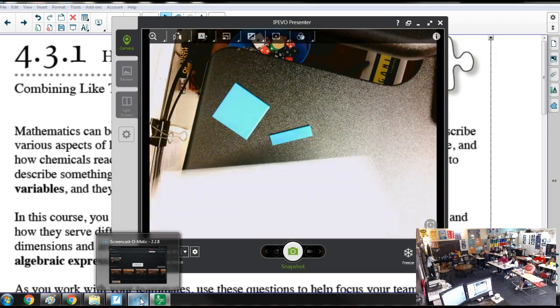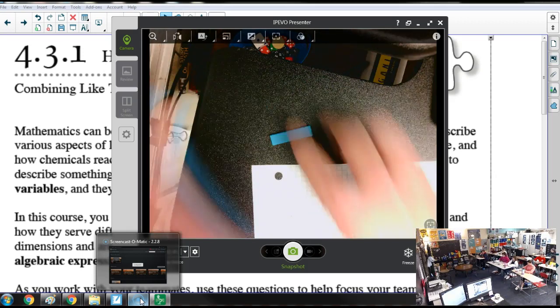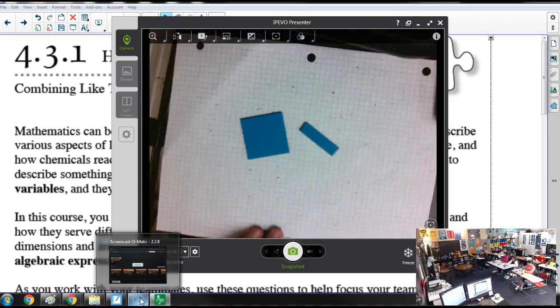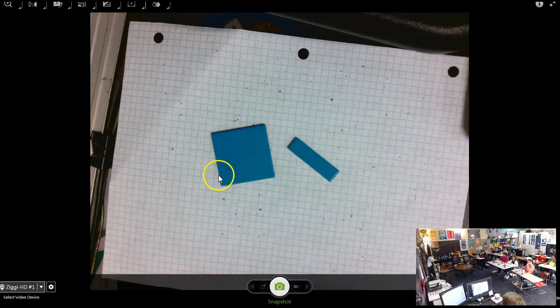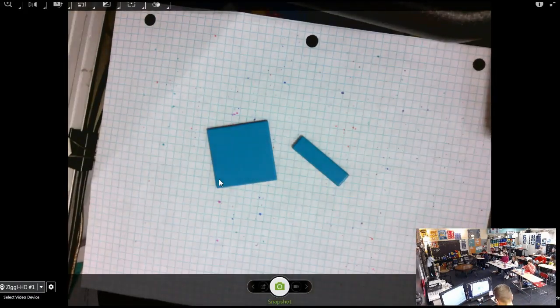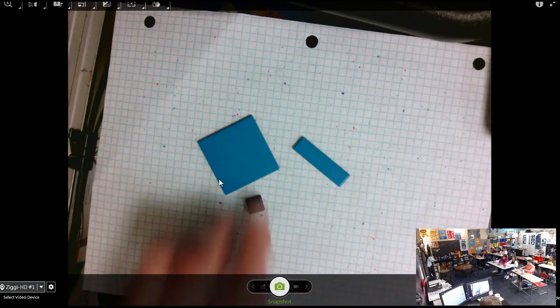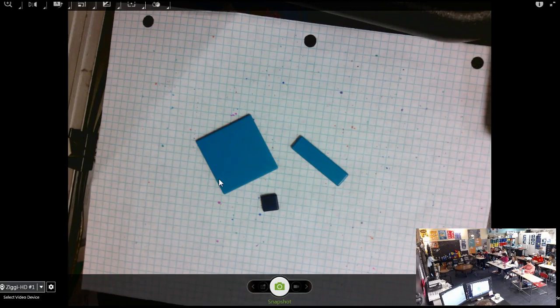And as Toby just read for us, a variable is something that can change. So on your paper right now, just trace these. And actually, you might as well go ahead and pull out one of the itty-bitty squares and trace one of those too.